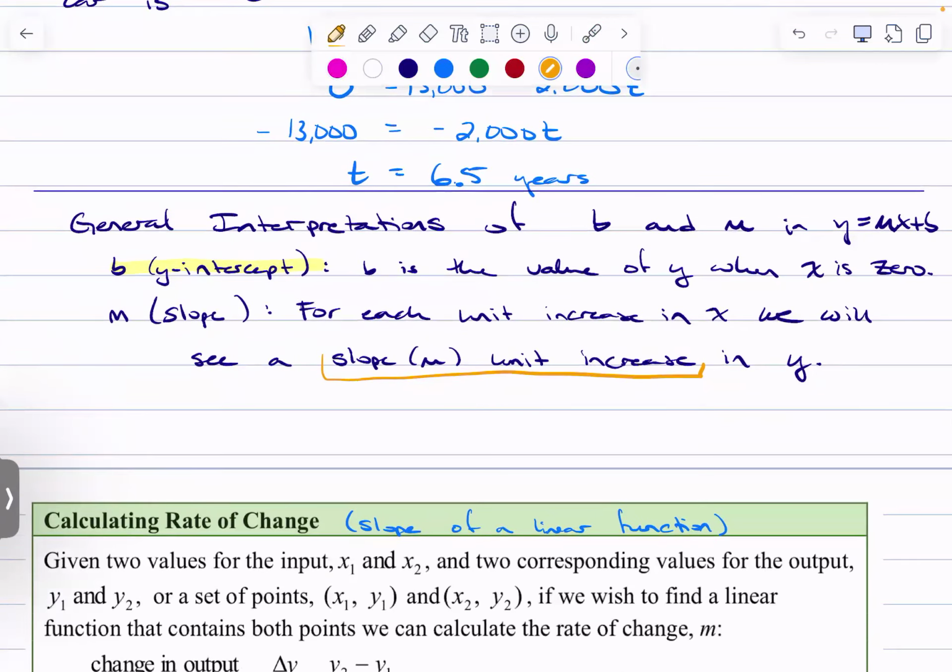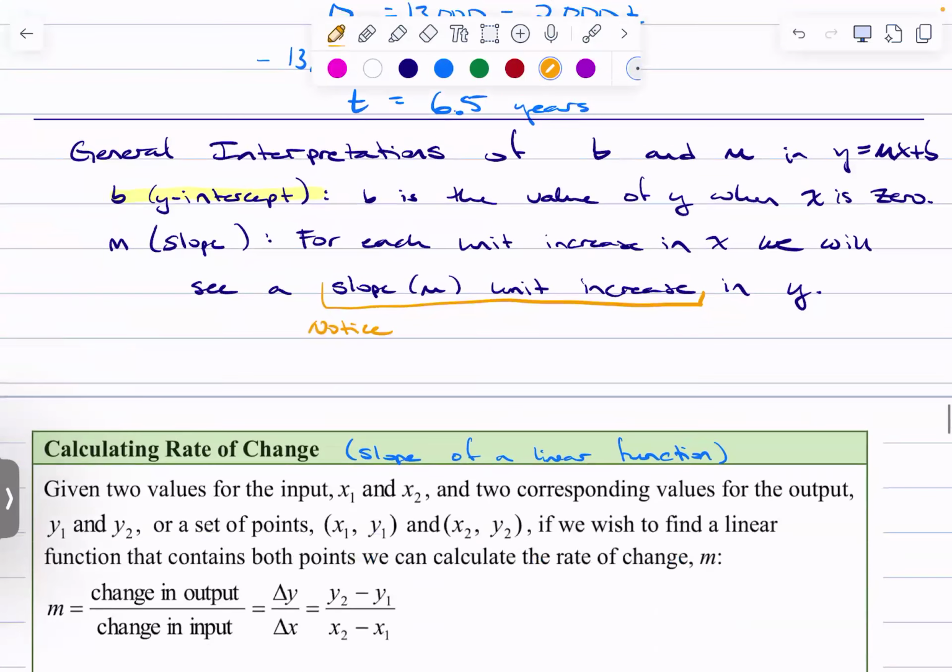So here, notice a negative 2,000 unit increase is a 2,000 unit decrease. So if you want to, you can make that swap, but I don't really bother. Just keep the slope as is and call it an increase always.